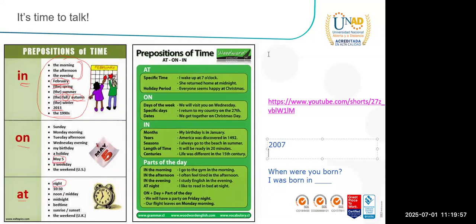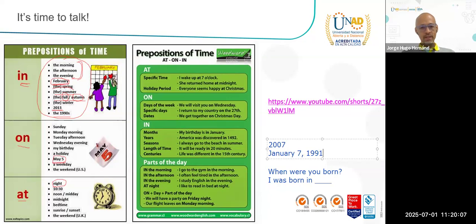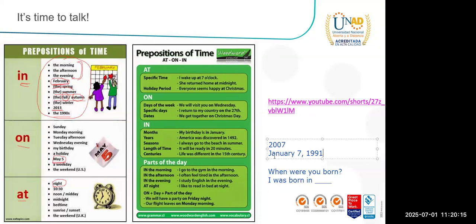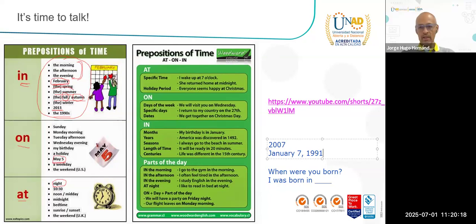I was born on January 7, 1981. Okay, you say the specific date, and that's okay. When you use the specific date, month, day, year, you say 81. Okay, 81.